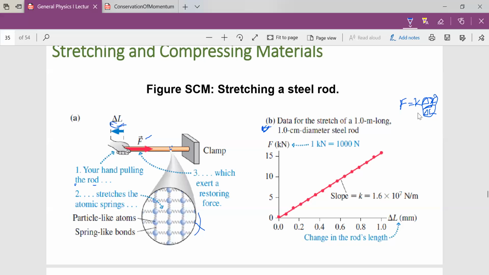So when we experimentally made the plot of the force against the stretch for a rigid body, such as a steel rod, we saw also a linear relationship, just like we saw in the case of a spring. Therefore, the slope can actually give us the k, and you know what our k is, our spring constant.